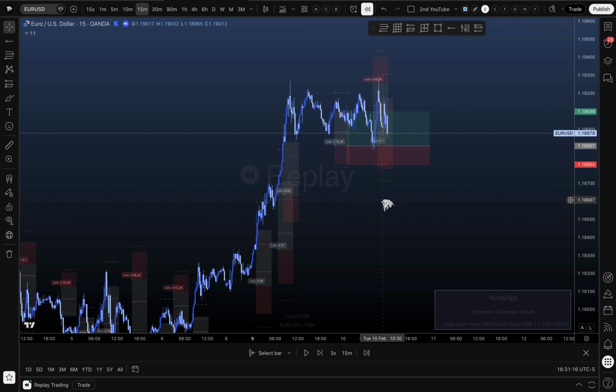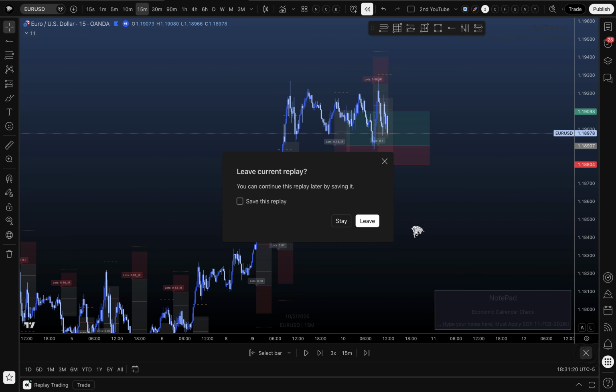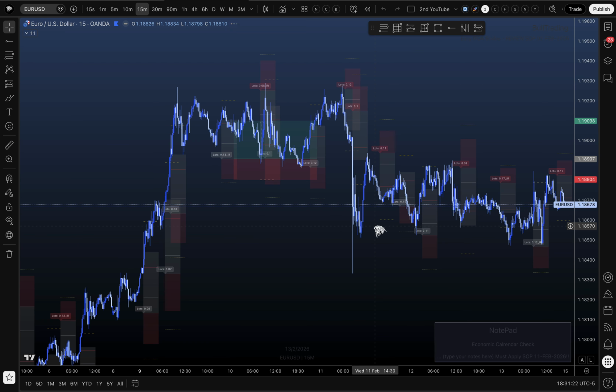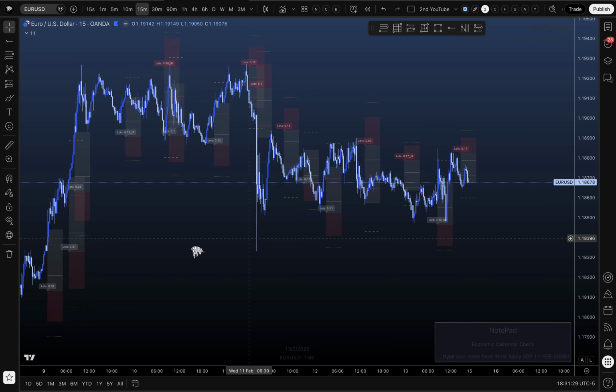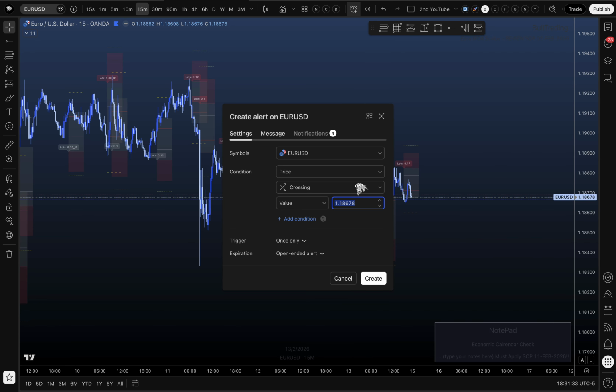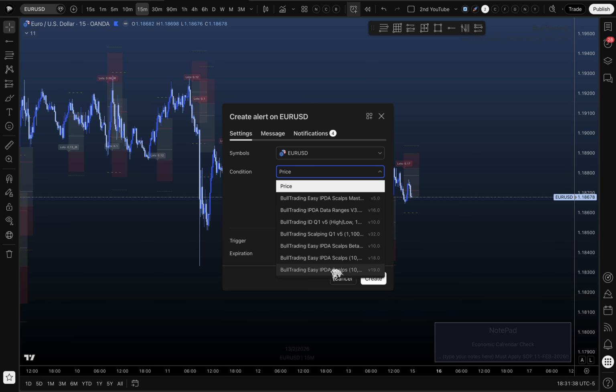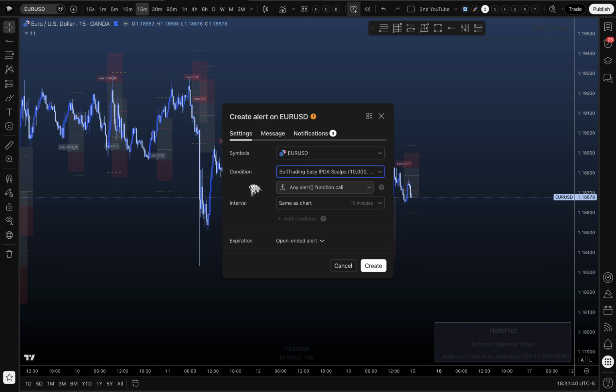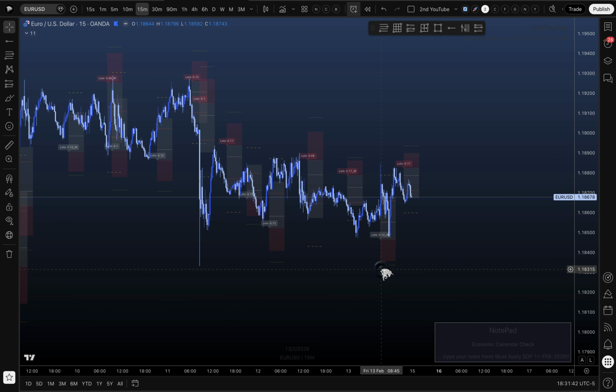After bar replay, what we're going to do is we're going to exit this mode. And unfortunately, here the market is closed. But what I'm going to do is I'm going to activate my trading view alerts. Okay, create alert. And instead of price, I'm going to use the BullTrading easy scalps. And I'm going to create the alert, right?